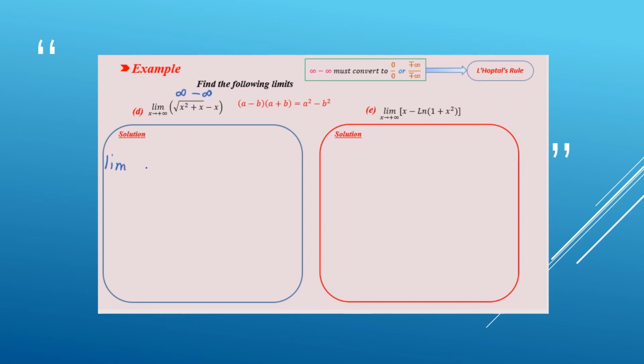So we have the limit of square root of x squared plus x minus x, which we can write over 1. Then you multiply up and down by the conjugate, which is square root of x squared plus x plus x, over square root of x squared plus x plus x, when x goes to infinity.